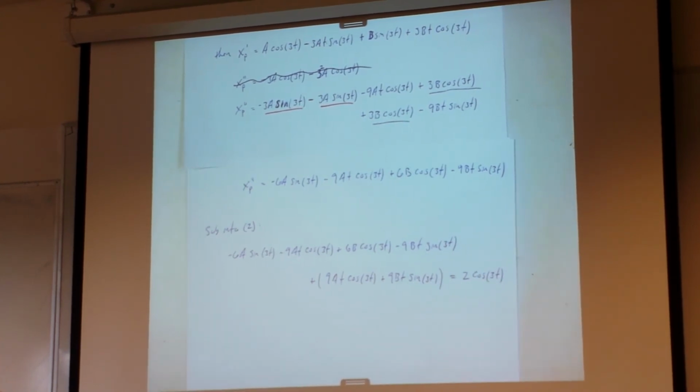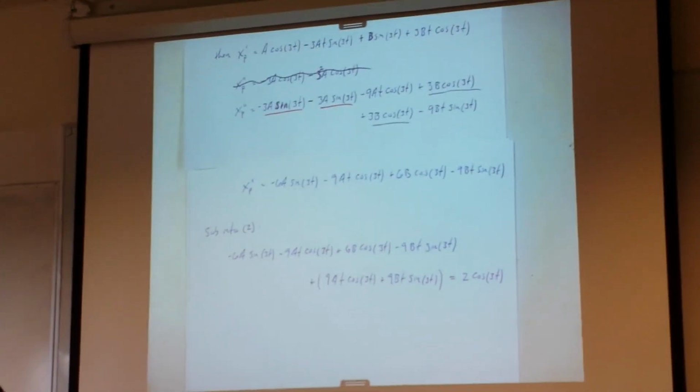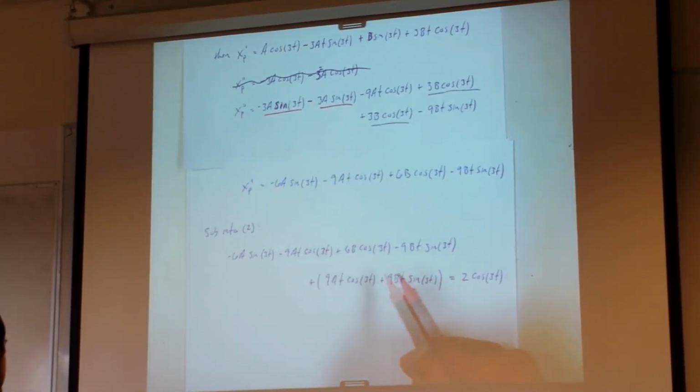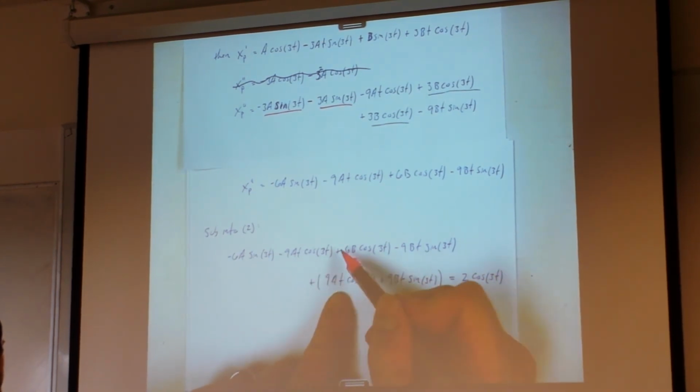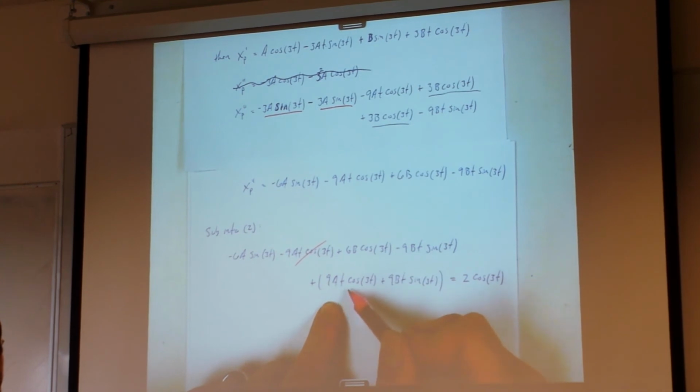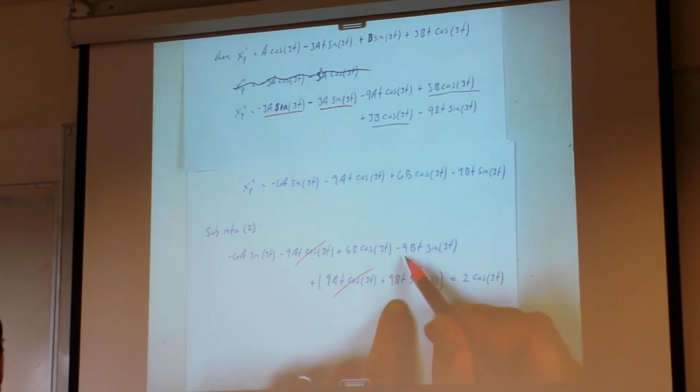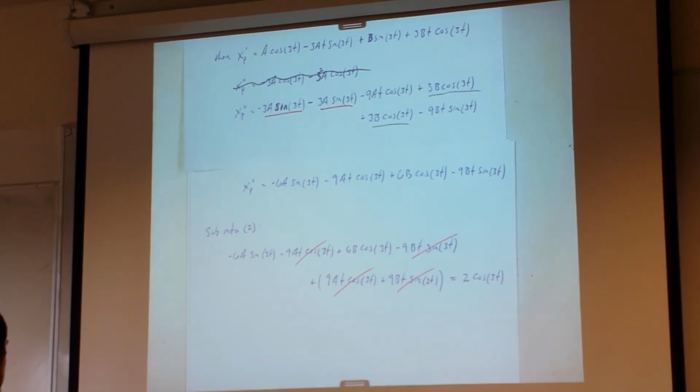All right, so let's start looking at things that might cancel out. Anything? 9at cosine 3t, do I have anything like that? Minus 9at cosine 3t plus 9at cosine 3t. We got a minus 9bt sine 3t plus 9bt sine 3t.